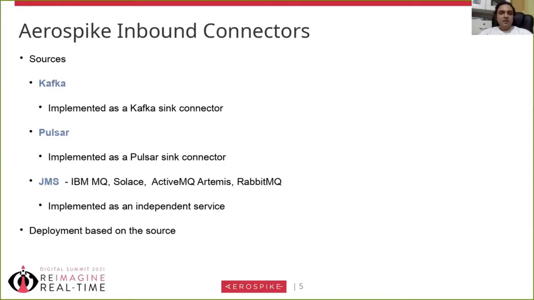In the JMS case, where the connector cannot be plugged into the source messaging queue, we run the connector as a separate instance, which consumes messages from the JMS source. For the JMS connectors, we have tested our implementation against IBM MQ, Solace, Artemis, and RabbitMQ.